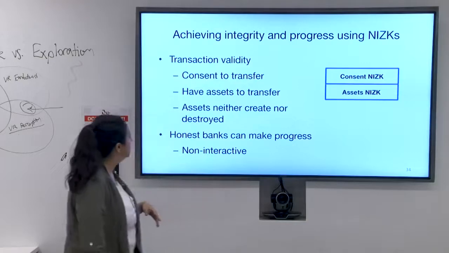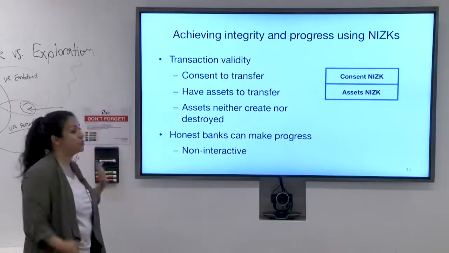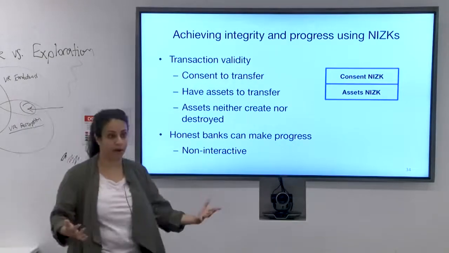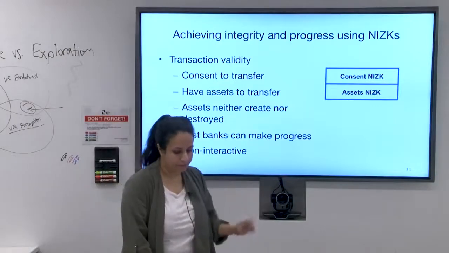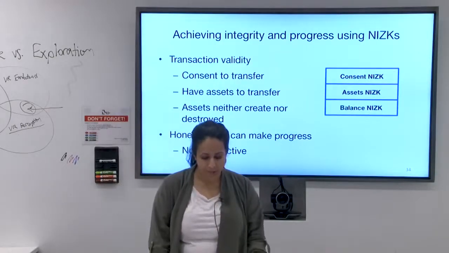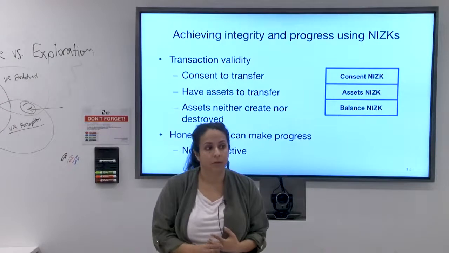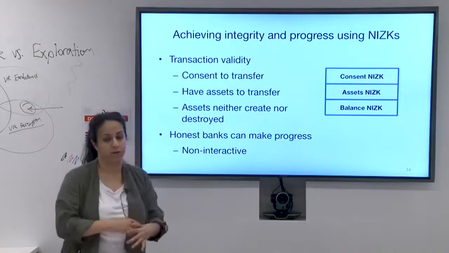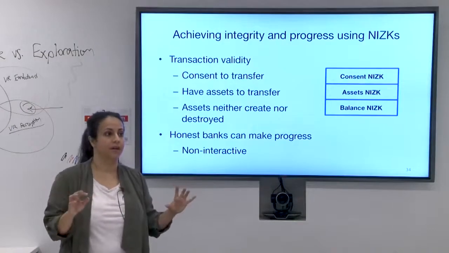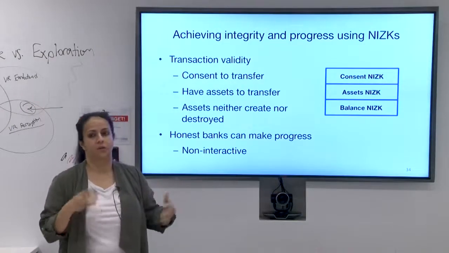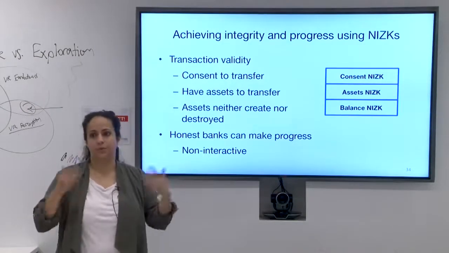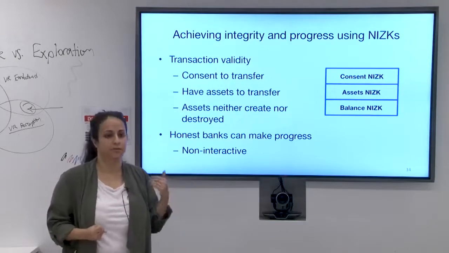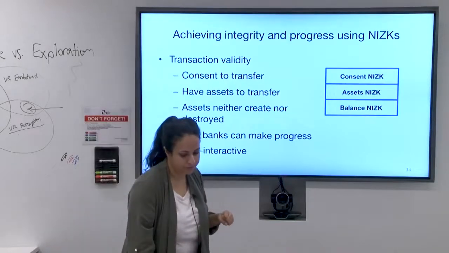We want to be able to prove that whoever's spending actually has the assets to transfer, that they're not going negative. And we use an assets NIZK. And we want to make sure that assets are neither created nor destroyed. So for that, we use a balance NIZK. We want to show that things work out and you didn't create more euros than you were supposed to. The only place where you can do that is in the public depositor transactions.